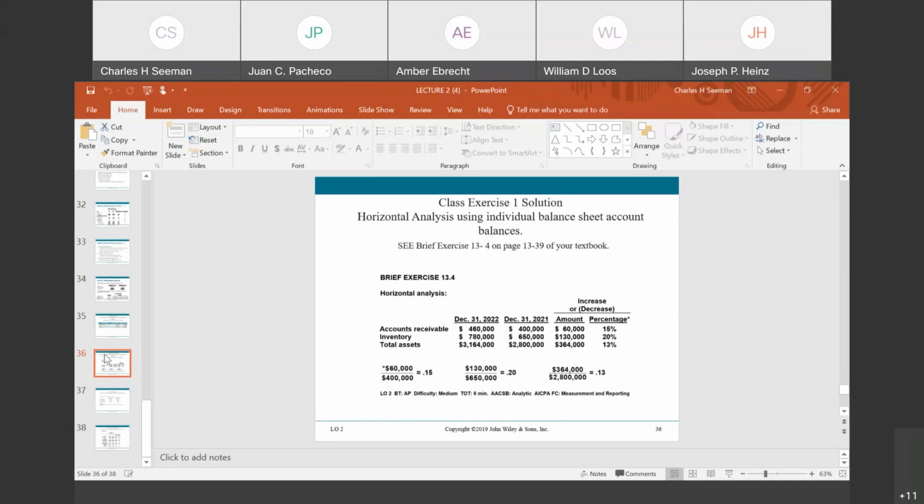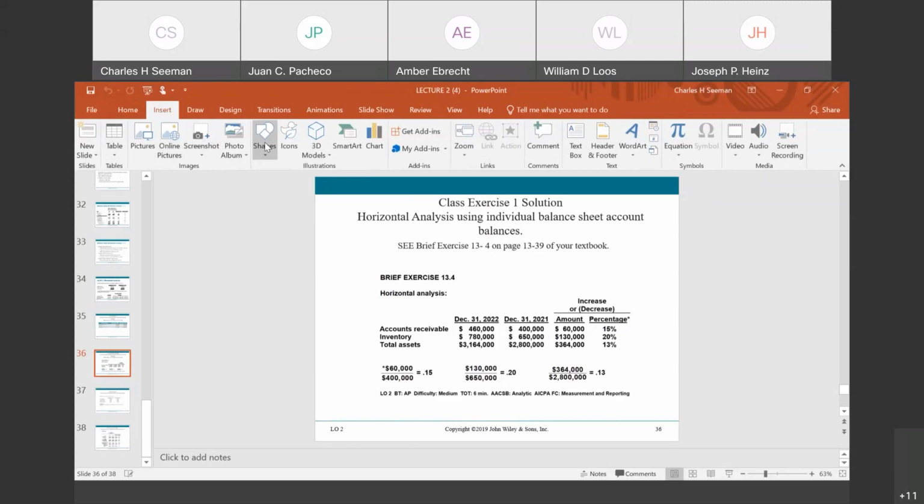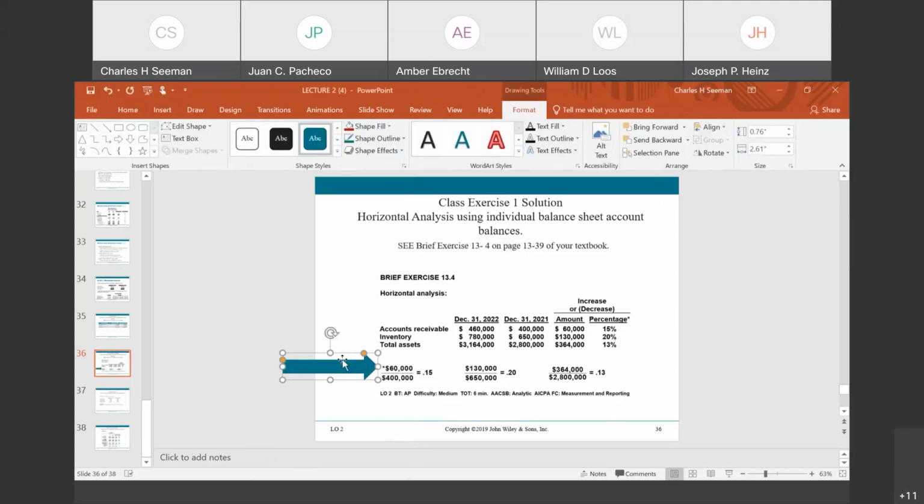Current year minus base year is the top part. So this 60,000 is a result of 460,000 minus 400,000 gives you 60,000. And the 400,000 comes from the base year. And that gives you an increase of 15%.